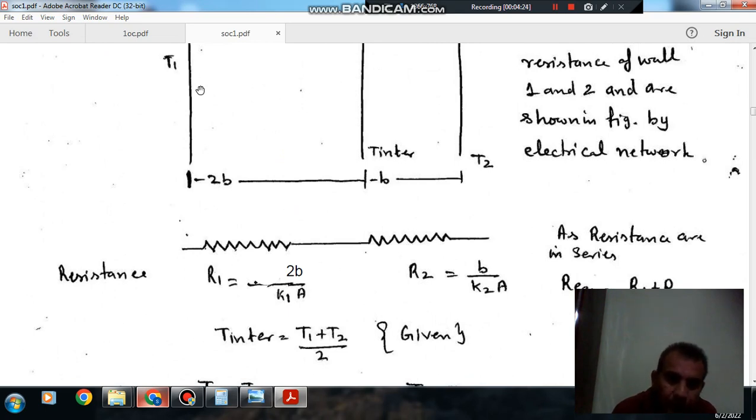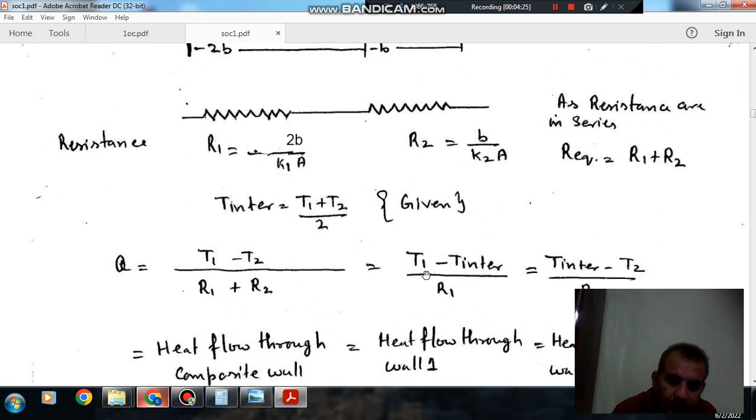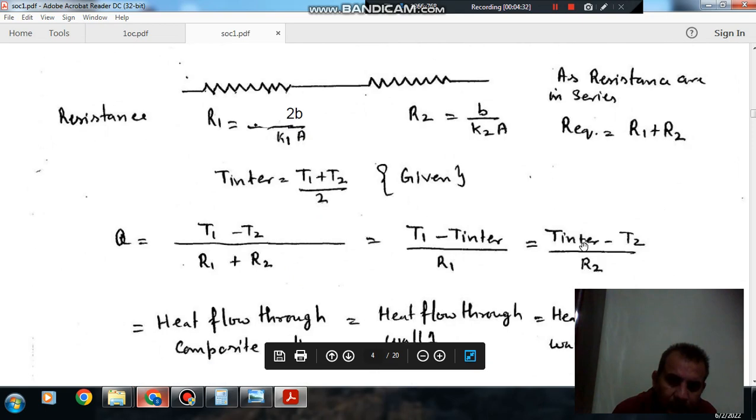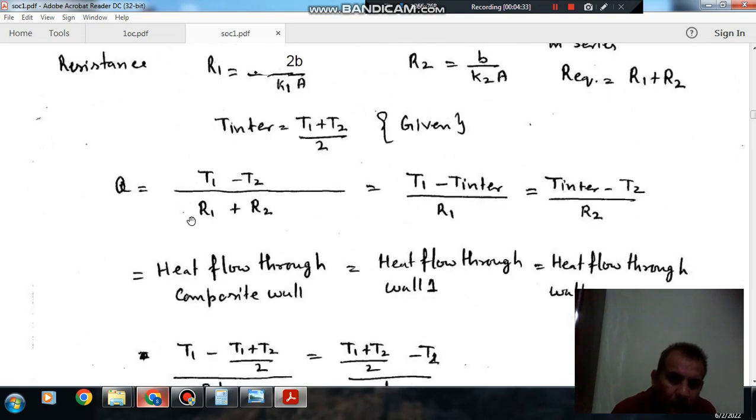So heat transfer from this end to this end will be T1 minus T inter divided by R1, and from this end to the other end will be T inter minus T2 by R2. So Q is T1 minus T2 by R1 plus R2, equal to T1 minus T inter by R1 and T inter minus T2 by R2.